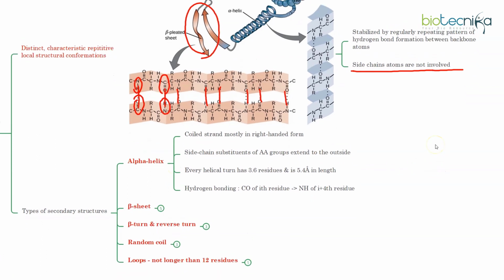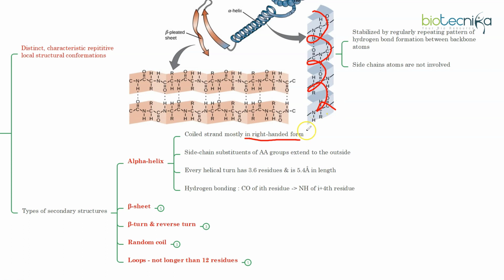As you can already see on your screen, the alpha helix has a helical pattern, and mostly this is in the right-handed form. As you would know, the amino acids in proteins are L amino acids. When their backbone is folding, there are angles called phi and psi values.